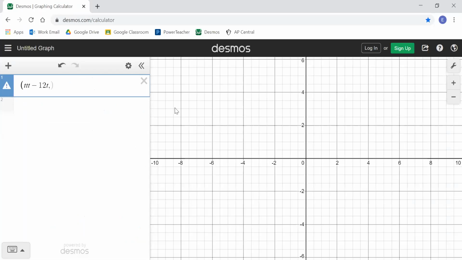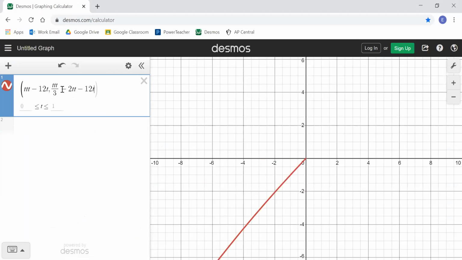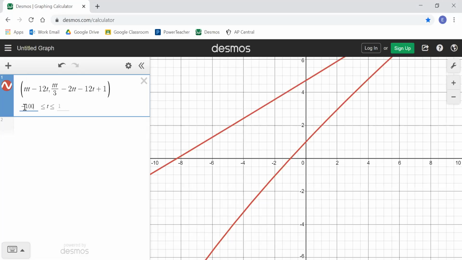It was t cubed over 3, or a third t cubed, minus 2t squared minus 12t. Was it +1 or -1? +1. Okay.